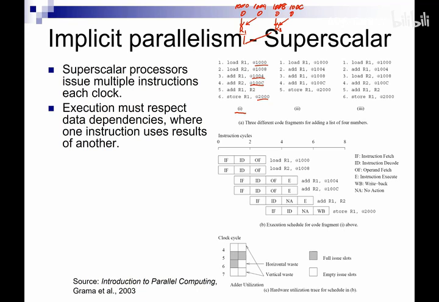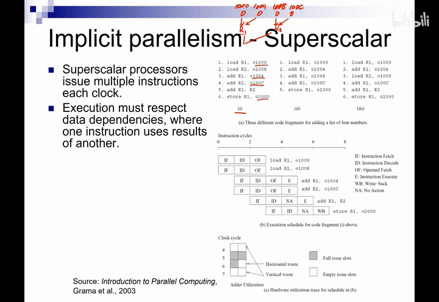Now, when you execute code in a superscalar processor, the execution has to respect the data dependencies. Data dependency just means that if you have one instruction that uses the results from a previous instruction, then you have to execute the previous instruction first.